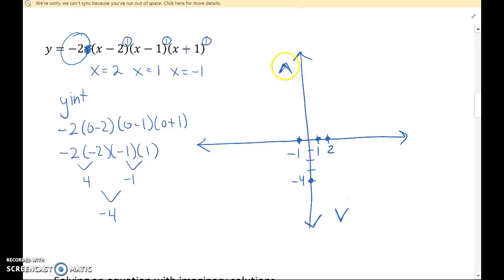And so coming down to 1. And also just to note real quickly that all the x-intercepts, or all the degrees, are 1. So it's going to cross normally through all of these. Just make sure that you hit your y-intercept, come up, come back down, and there's our graph.